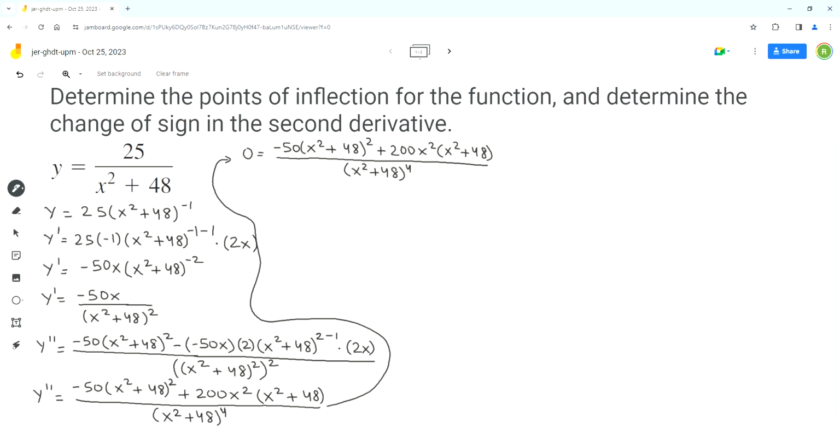Now we can cross multiply the denominator to the left side, so that will become 0. Now we can solve this equation by common factoring. So we can factor out negative 50 times x squared plus 48 from both terms.